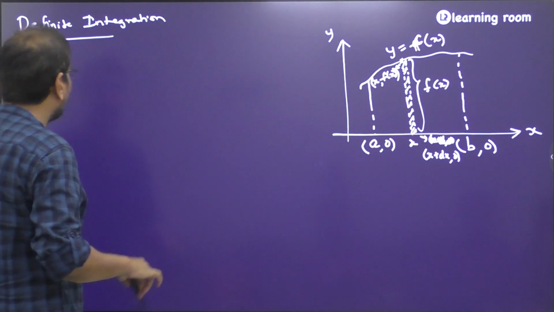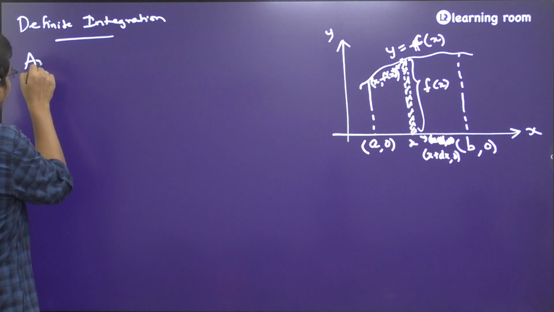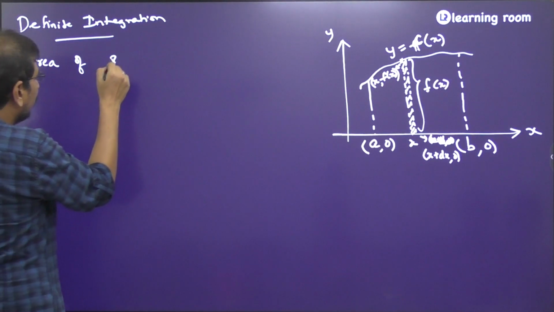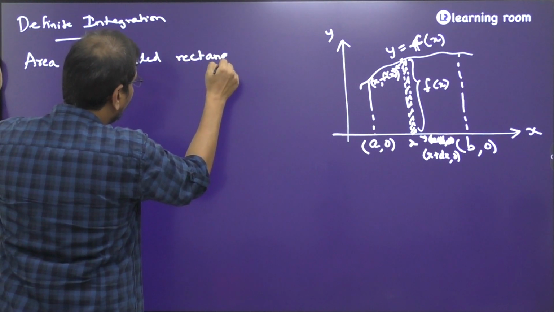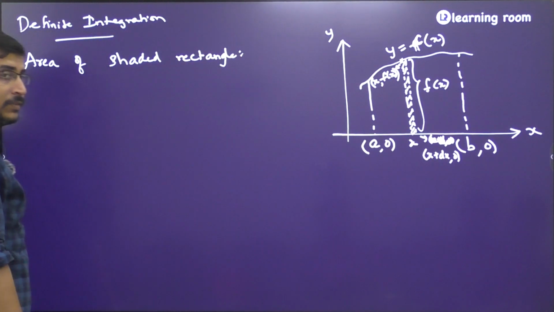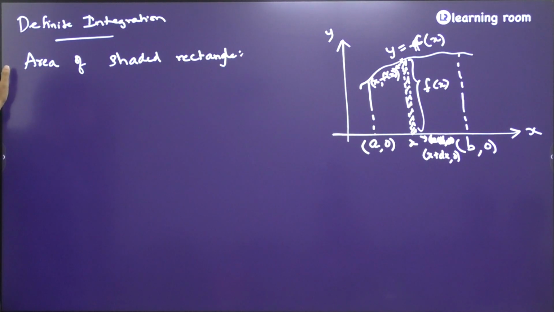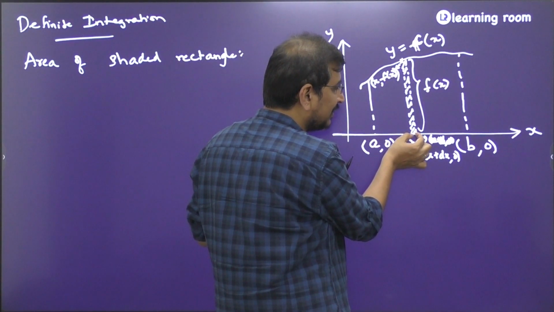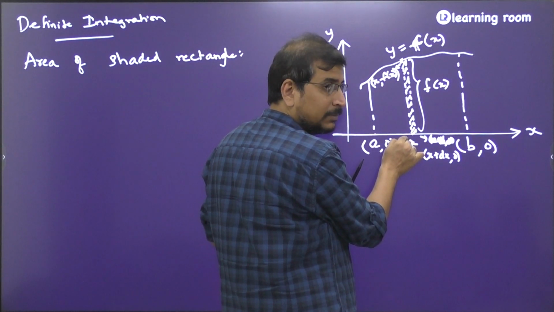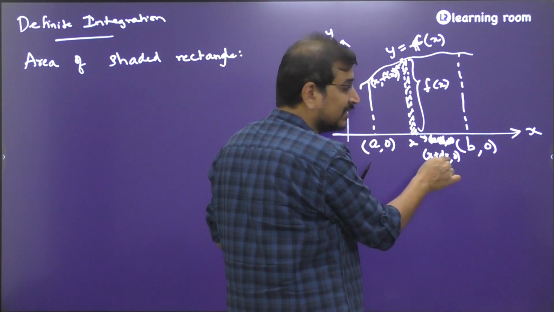Now, if I ask you what is the area of the shaded rectangle, what is it going to be? It is basically this thickness. So how much is this thickness? This point is x comma 0. This point is x plus dx comma 0.